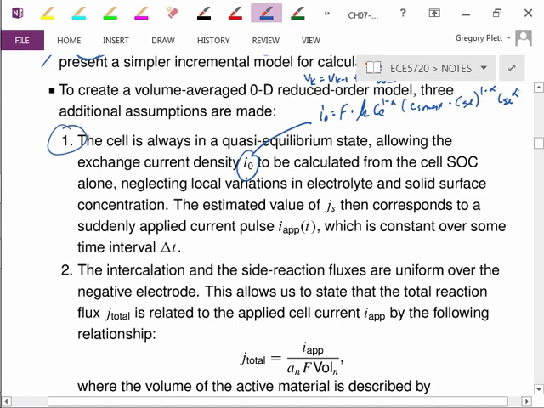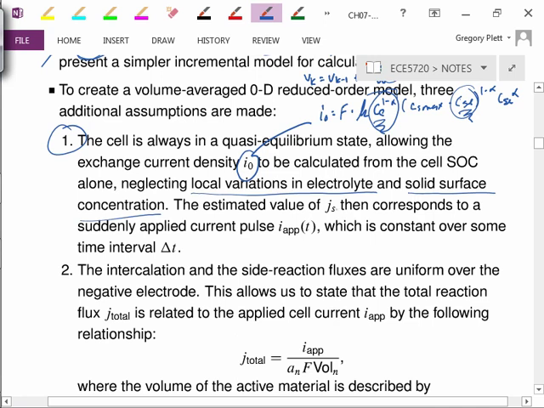In order to compute it in a dynamic situation, I need to know what is the surface concentration now and what is the electrolyte concentration right now at different places in the cell. But we're going to assume this quasi-equilibrium state, which says the electrolyte concentration is always its equilibrium value, and CSE is the value defined at the present state of charge as the average concentration as opposed to the surface concentration. So we're neglecting some local variations in electrolyte and solid surface concentrations when we do this.